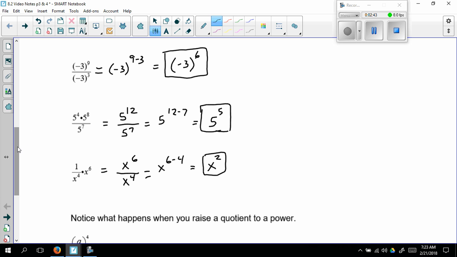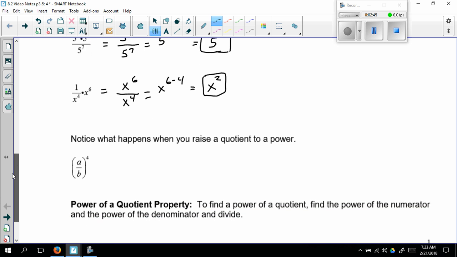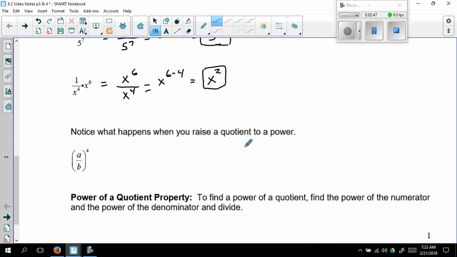Similar to what we had with our product, we also can raise a quotient to a power. If I write this out in repeated multiplication, a divided by b, all to the 4th power, is just a divided by b times a divided by b times a divided by b times a divided by b.